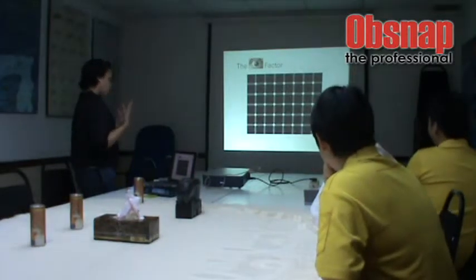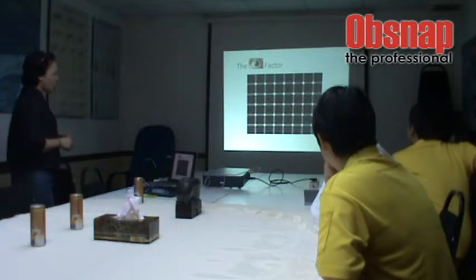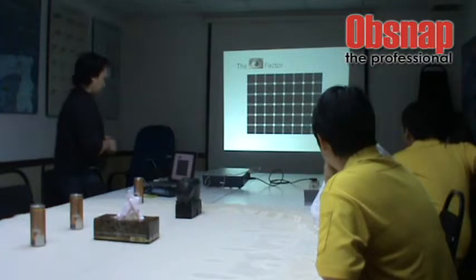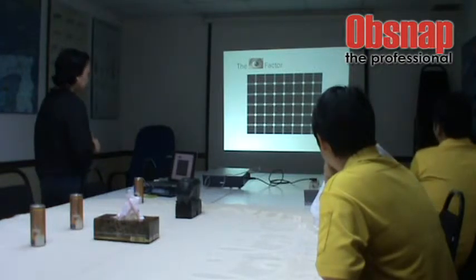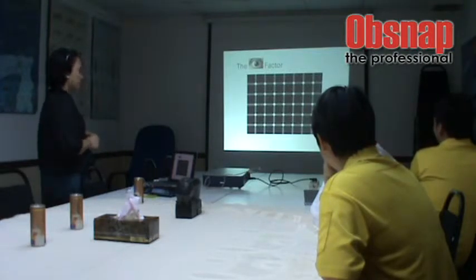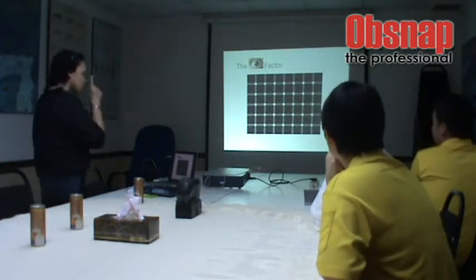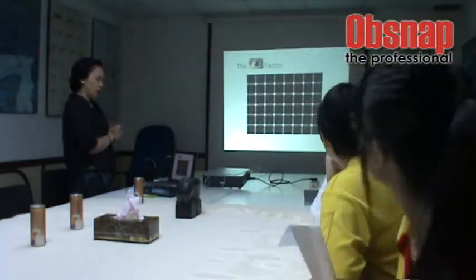So let's use your eyes here. How many dots do you actually see? Or how many white and black dots do you actually see? Can you count? None, and it keeps changing. But if you only look at one dot, just focus, you only see one color, and that is white.